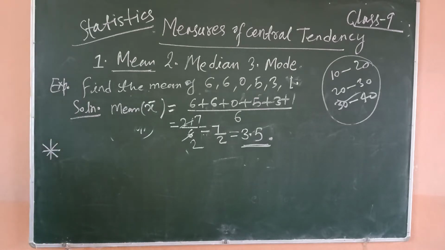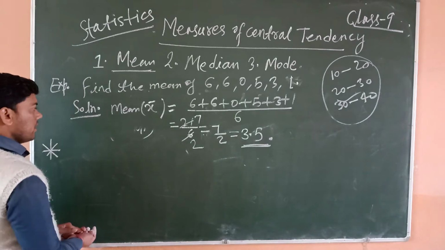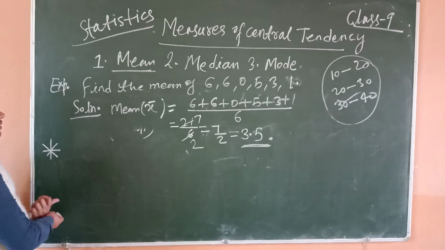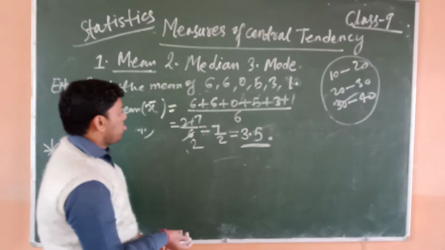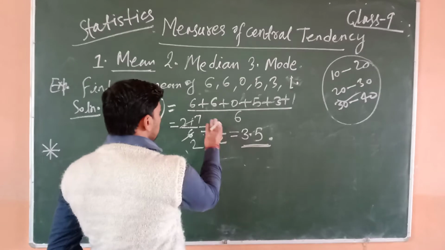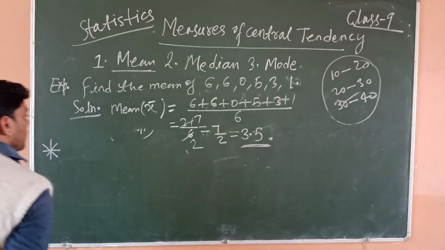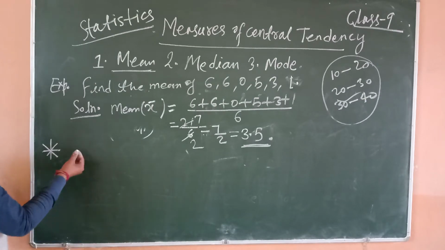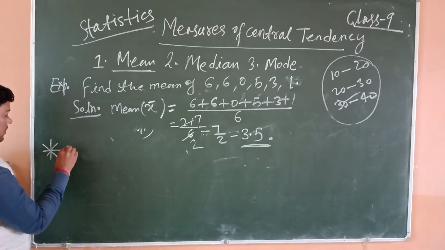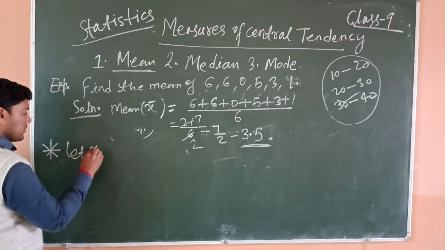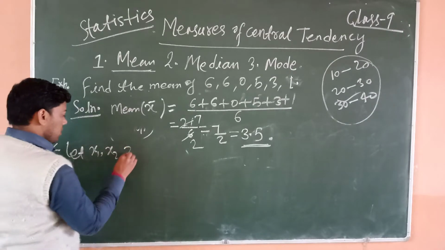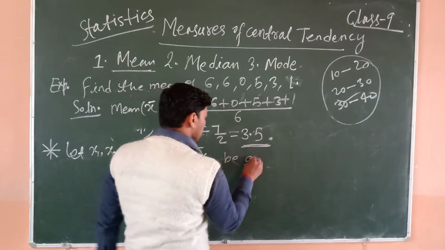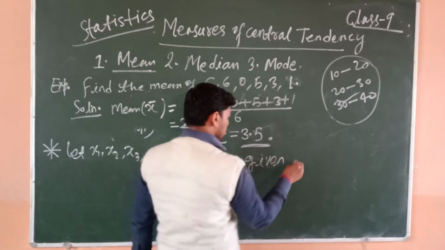See how to find the formula for finding the mean. By definition we solve, but see how to solve by formula. Let x1, x2, x3, dot to xn be given observations.